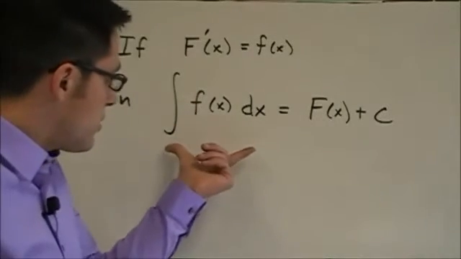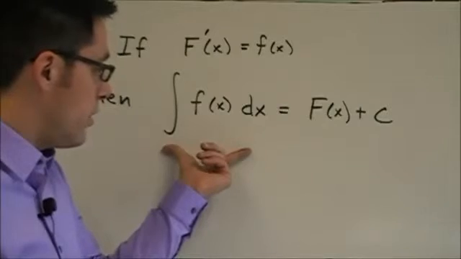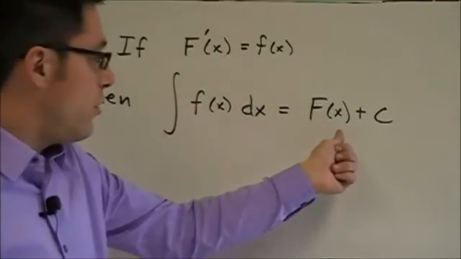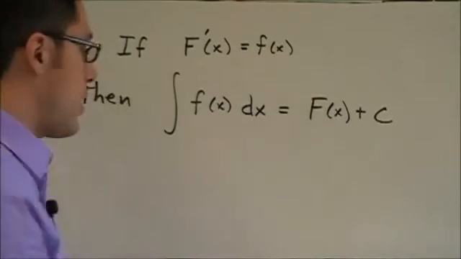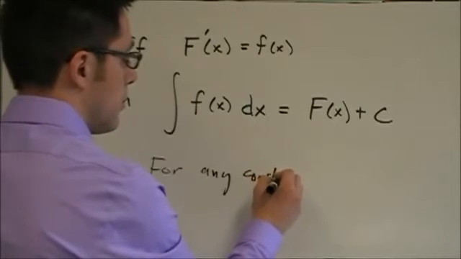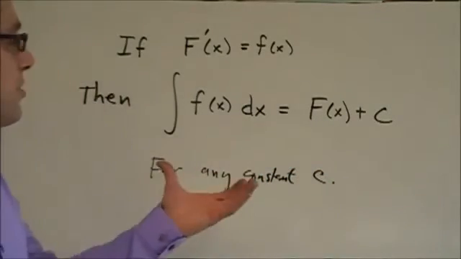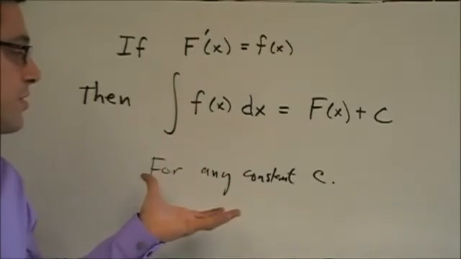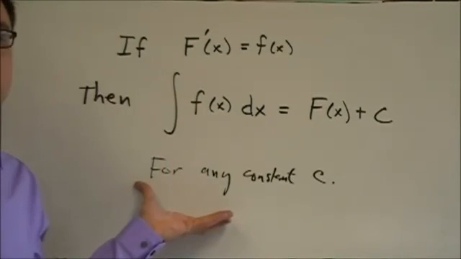And this tells us that we're looking for the antiderivative. And if capital F is indeed the antiderivative, this is how we would write it. Okay? And we should say for any constant c. Right? So this is our final definition with all of the proper symbols for the antiderivative of my lowercase f.